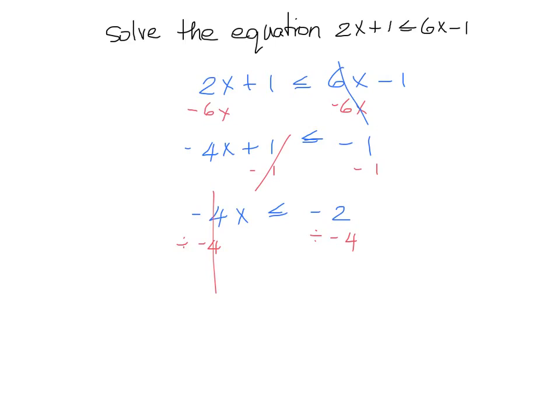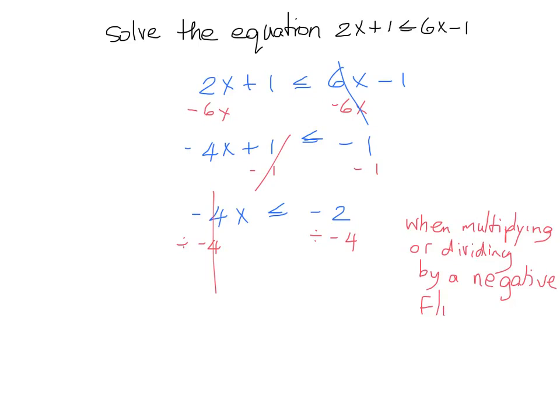So let's write that down because that's pretty important. In an inequality, when multiplying or dividing by a negative number, flip the sign. Alright, let's go ahead and do that and see what we get.